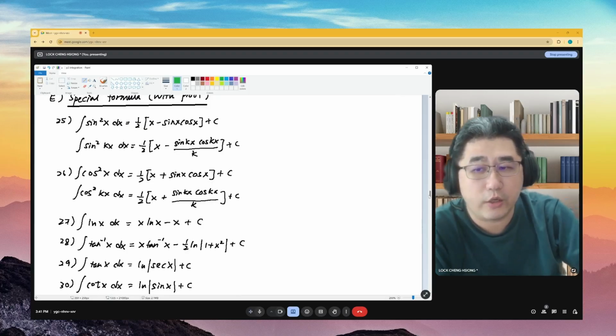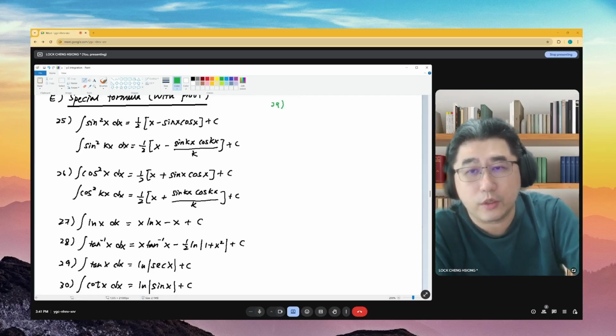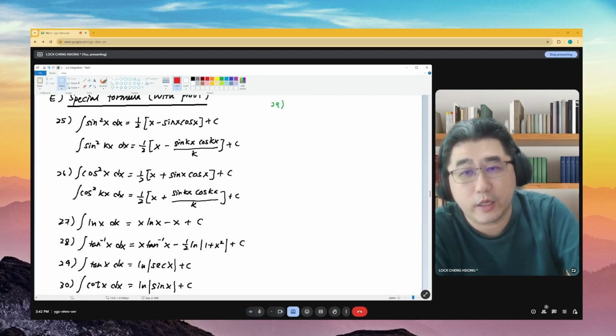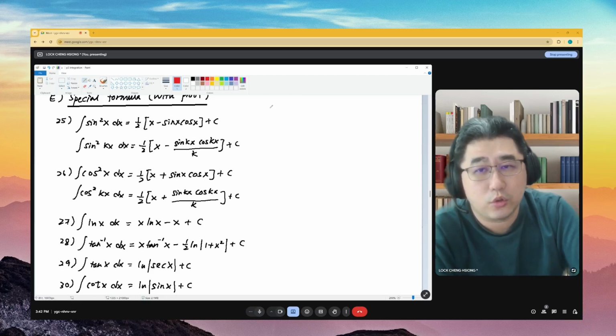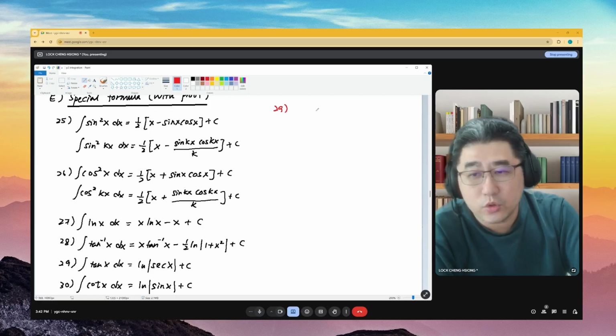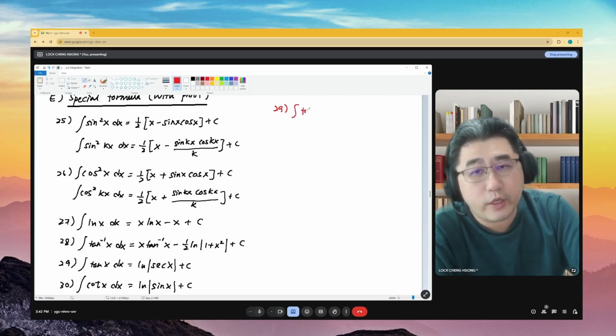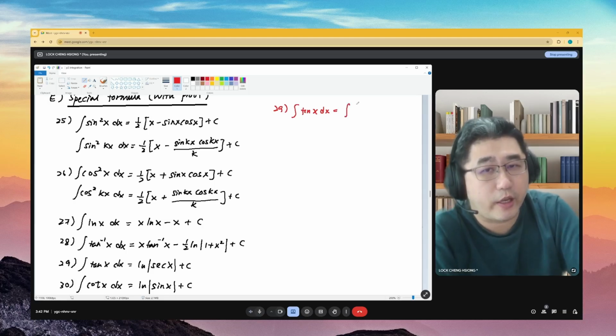Let's say for 29. I think I better use another color. 29, so integrate of tan x. Tangent can be written as sin x over cos x.